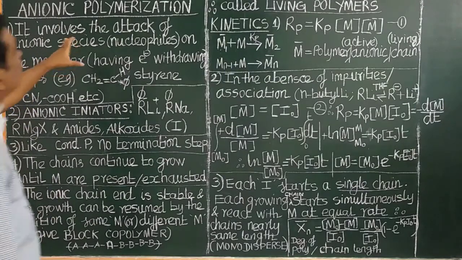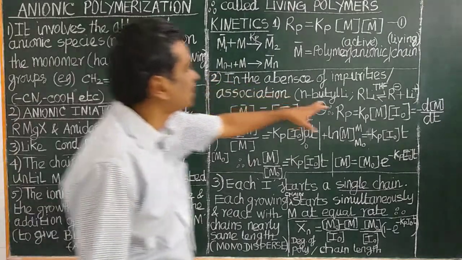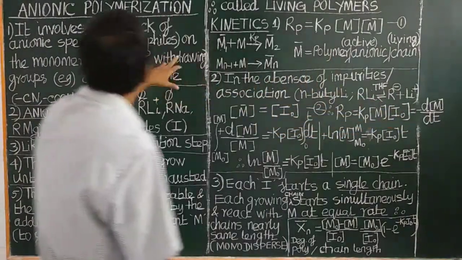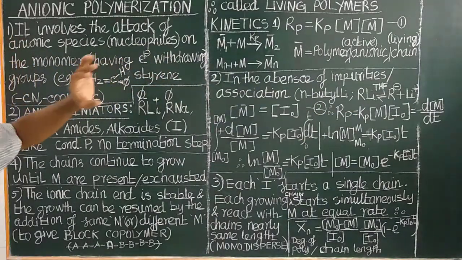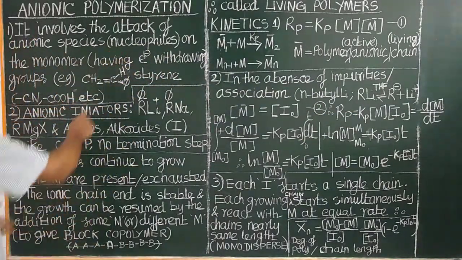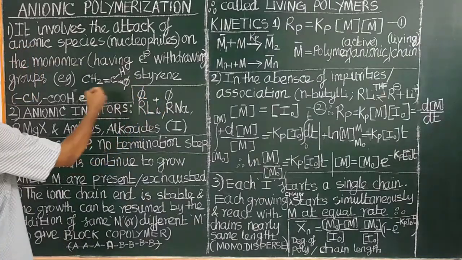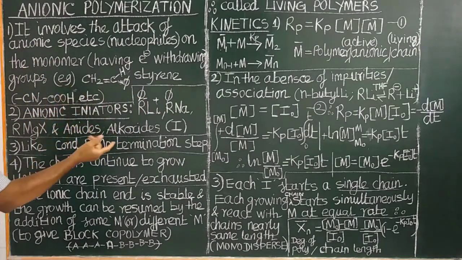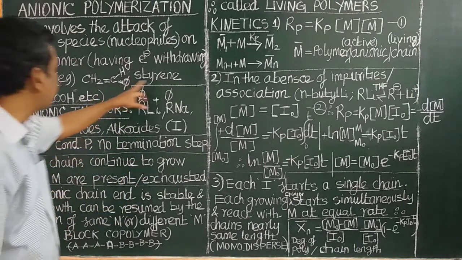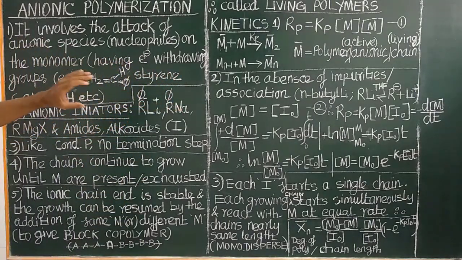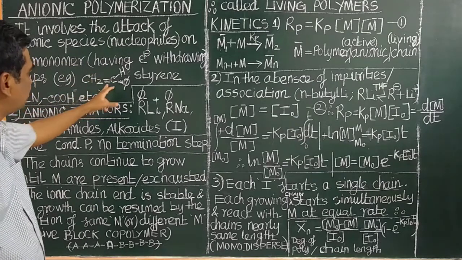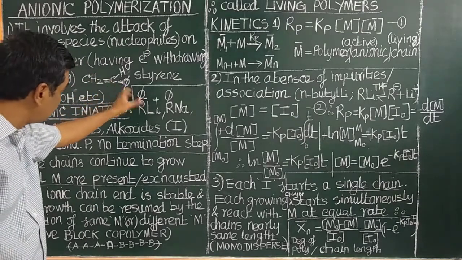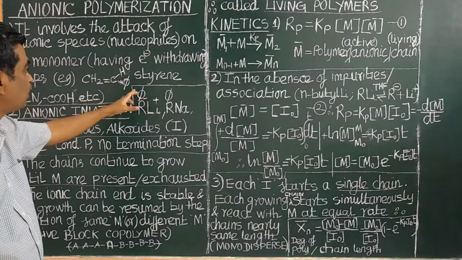It involves the attack of anionic species, for example R minus or nucleophiles, on a monomer having an electron withdrawing group, such as cyanide, COOH, NO2 group, etc. For example, styrene is a monomer with an electron withdrawing phenyl group.